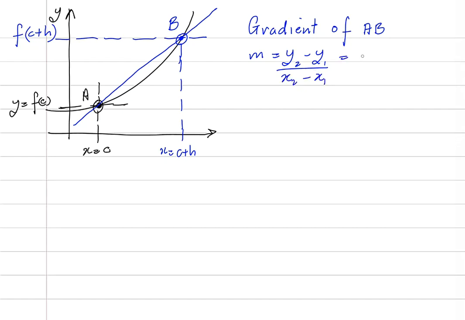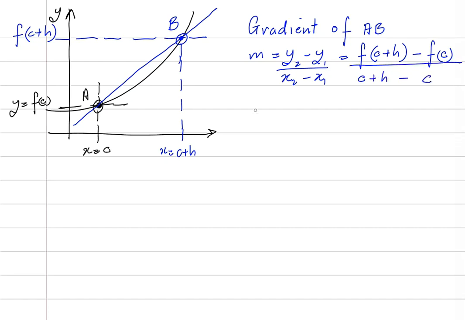We have y2 is f of c plus h minus y1, which is f of c. And this is over x2, which is c plus h, minus x1, which is c.